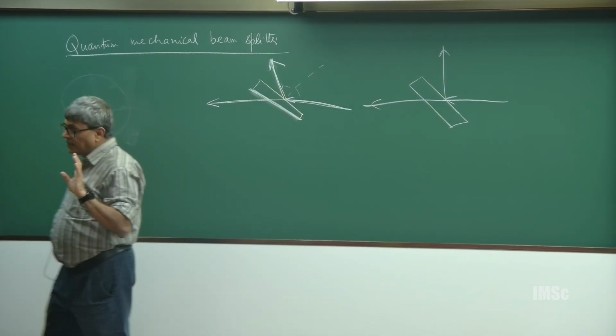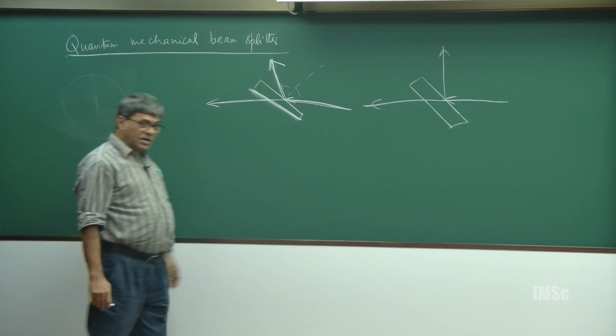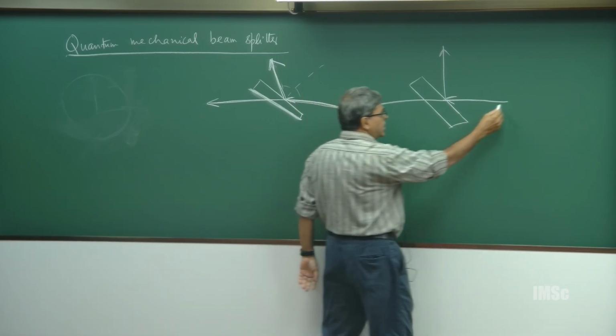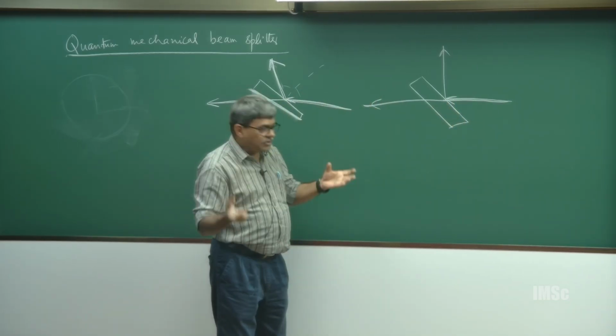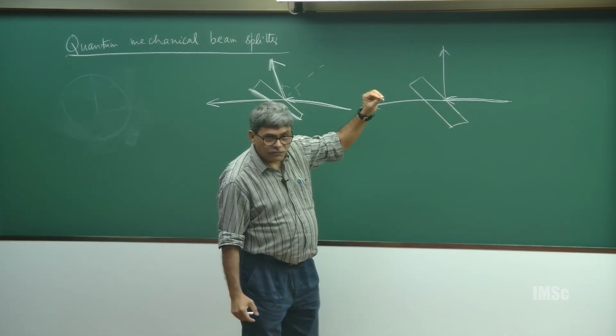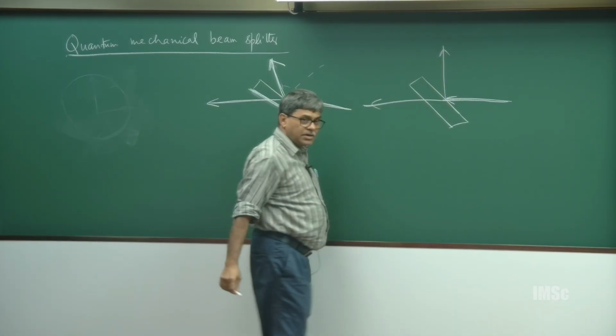Quantum mechanically this is incomplete or inappropriate. Why? For the quantum mechanical description of a beam splitter, this input beam corresponds to one mode, which may be described by frequency, polarization, and so on and so forth. Similarly, this reflected beam and transmitted beam.